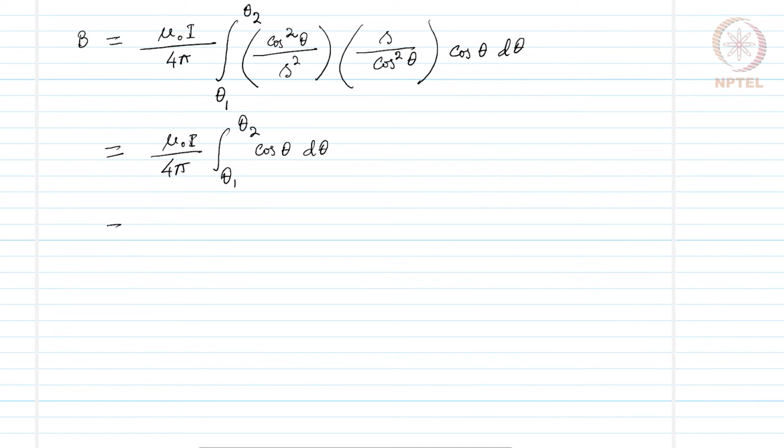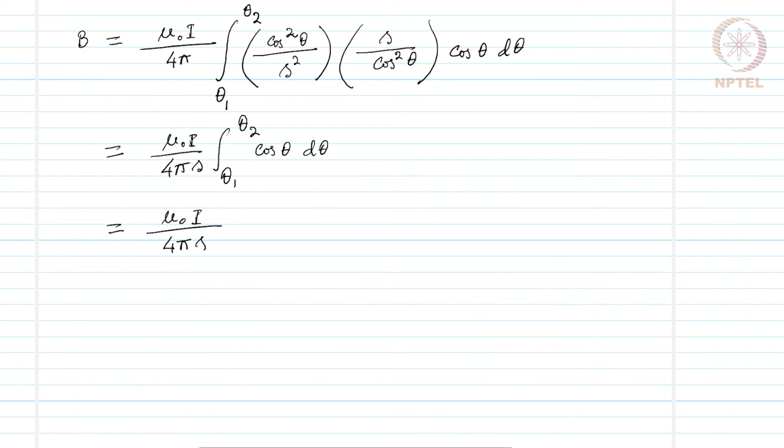and this integrates to be mu naught I over 4 pi. Yes, so we missed one s earlier. Here we had 1 over s squared, and in the numerator we had s. So, in the denominator we will have s, and s comes out of the integral because integration is over theta.